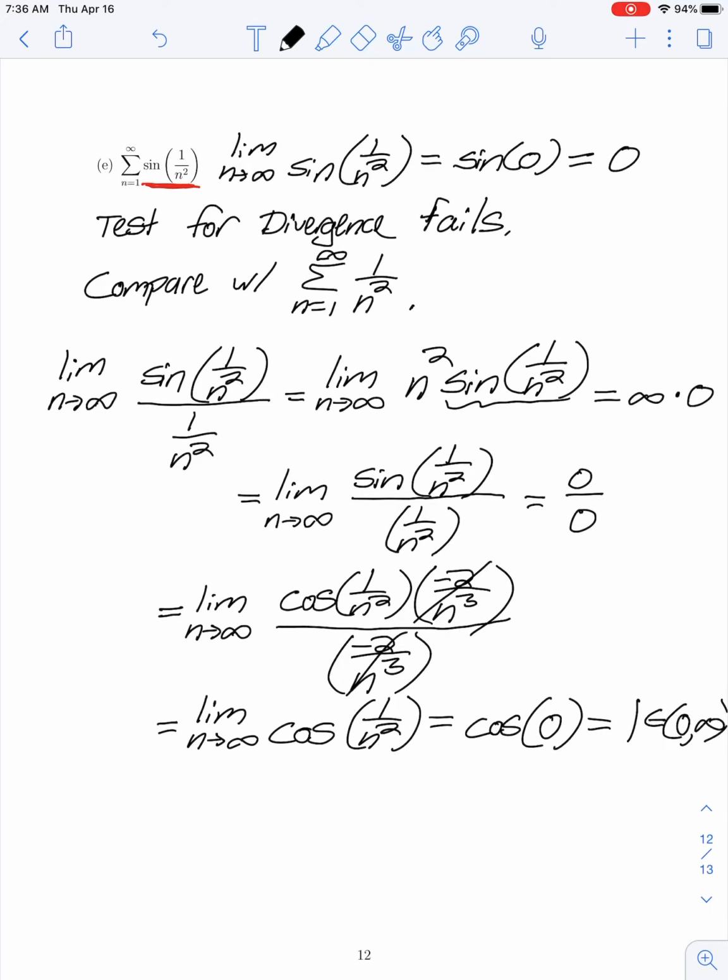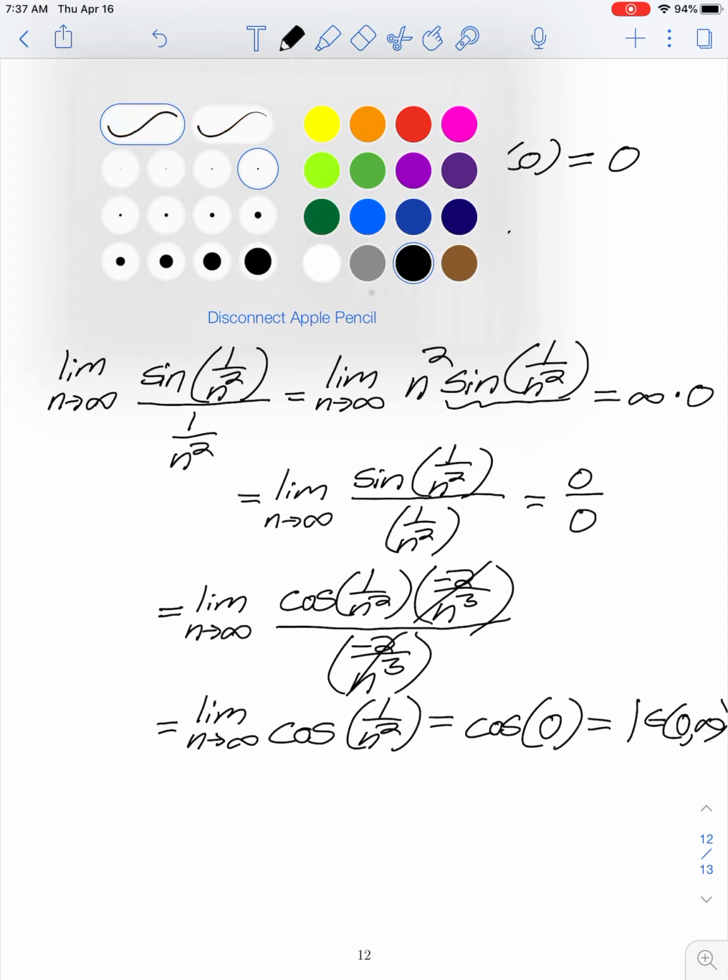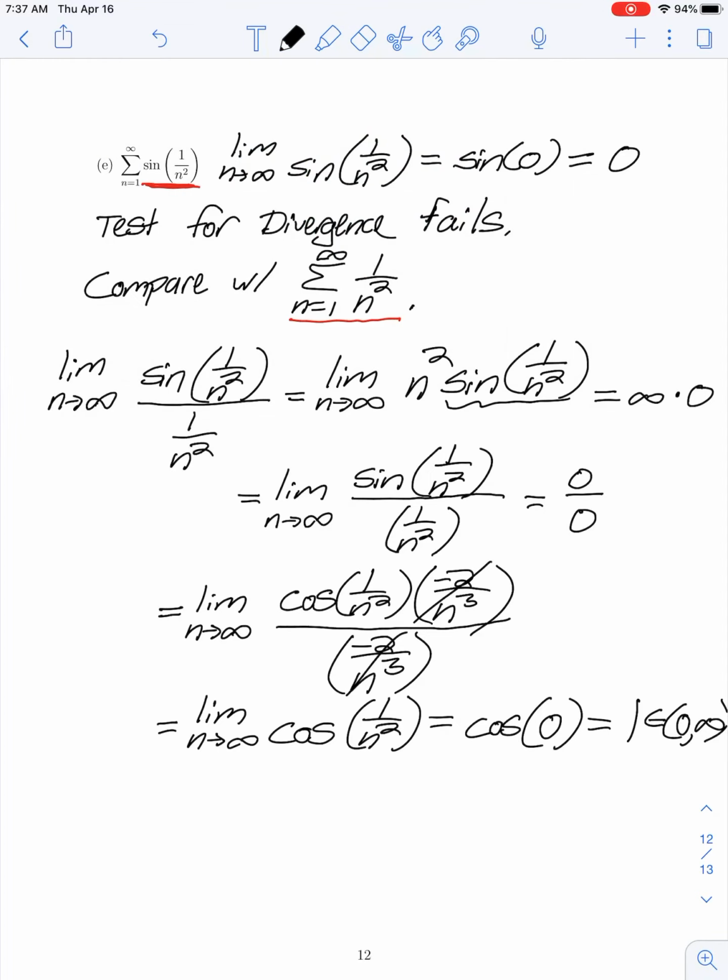So our limit lies between 0 and infinity, which means that both series converge or both diverge. But the one that we were comparing with was a convergent p-series. So this series will converge. And let's write out our justification.